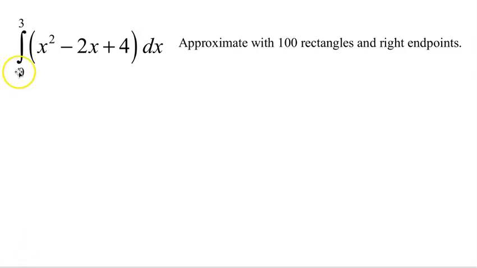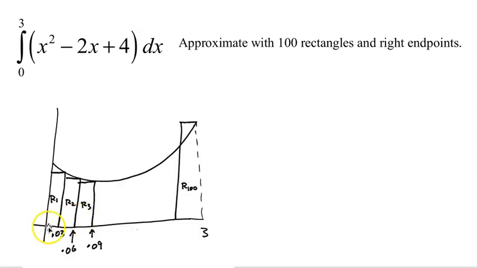Well, the interval from 0 to 3, that's 3 wide. We're breaking it into 100 pieces. So the width of each rectangle is 3 minus 0 divided by 100, or 0.03. So my first rectangle goes over 0.03. Next one over 0.06. Next one over 0.09 as we move across.